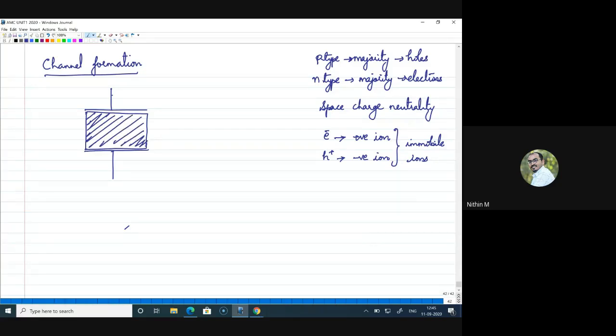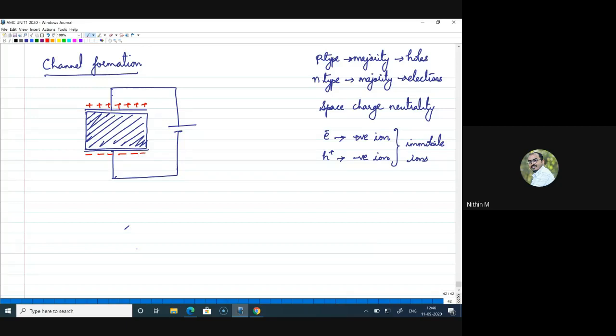This dielectric can be vacuum, or an oxide layer, or whatever it is. If there are two metal layers, and if you apply a potential in this form, what will happen? To this side, since it is connected to the positive of the battery, I will have positive charges deposited here, and to the other side, negative charges will be induced.